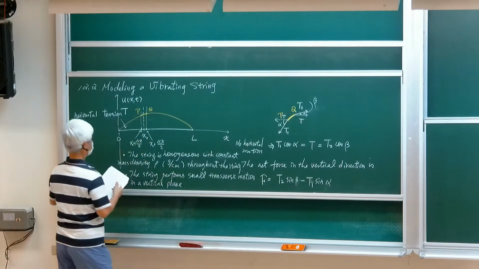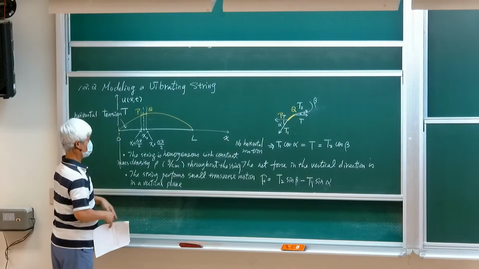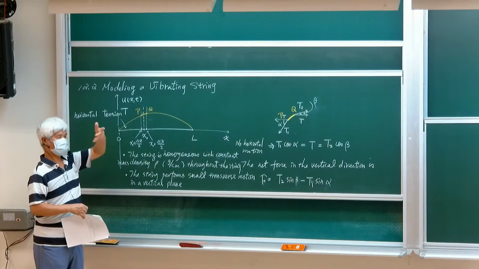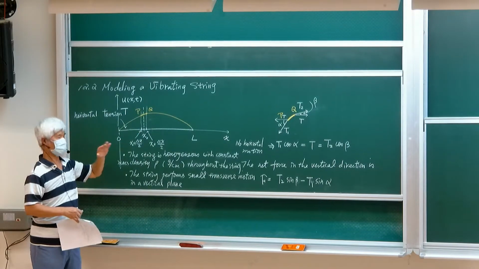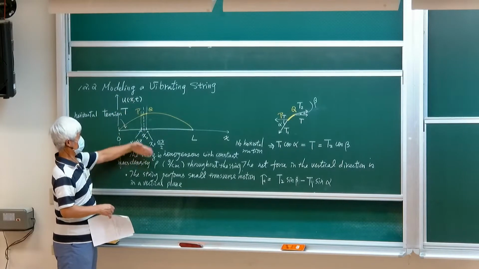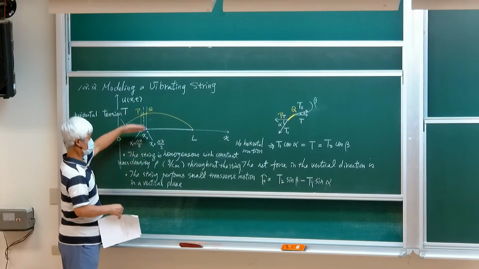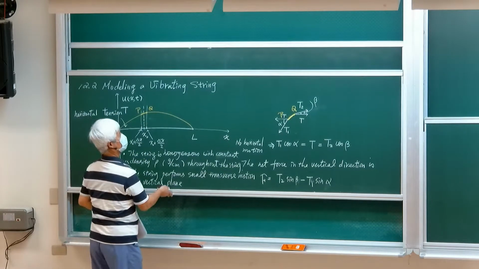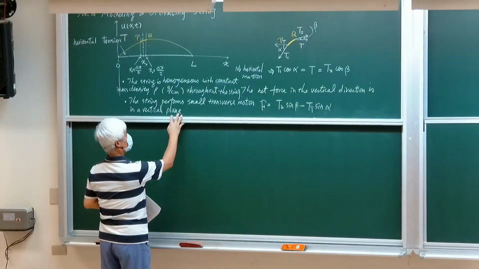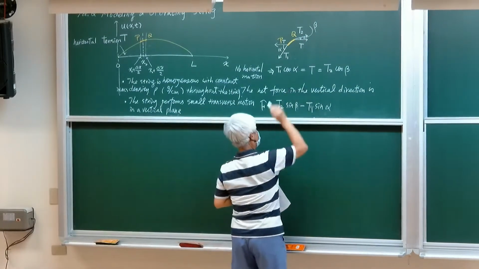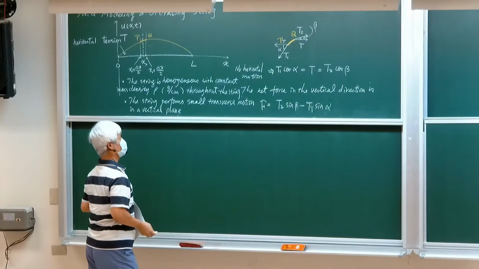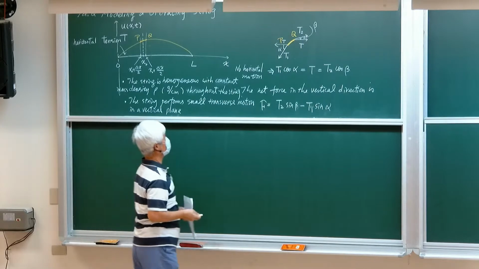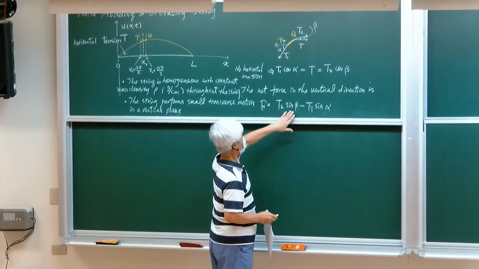So we have only vertical direction, and it's transverse motion because there is no twisting or any other motions, just the ordinary transverse motions. This is the balance of horizontal tensions, so that means no horizontal motion, and the net force would be this difference.